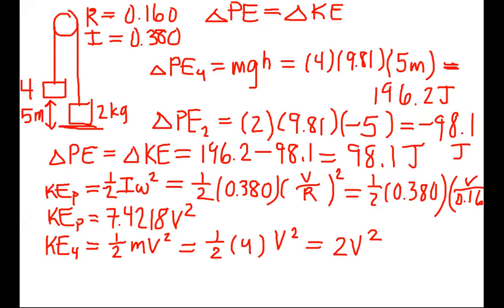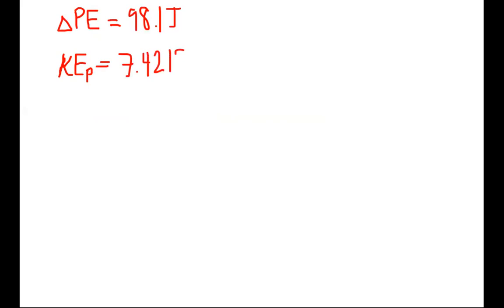So I will clear this now to give us a little bit more space, but I'll rewrite all of the relevant information. So we know that the potential energy is 98.1 joules. The kinetic energy of the pulley was equal to 7.4218 velocity squared.